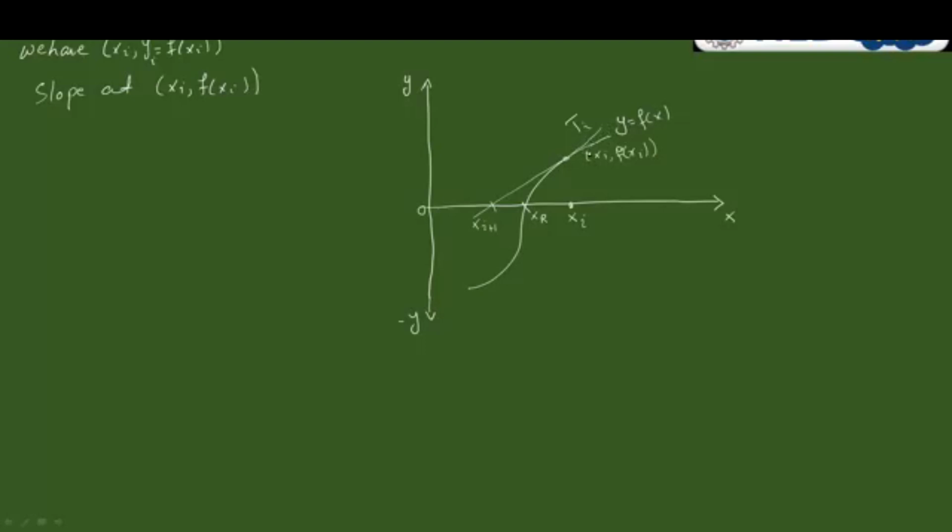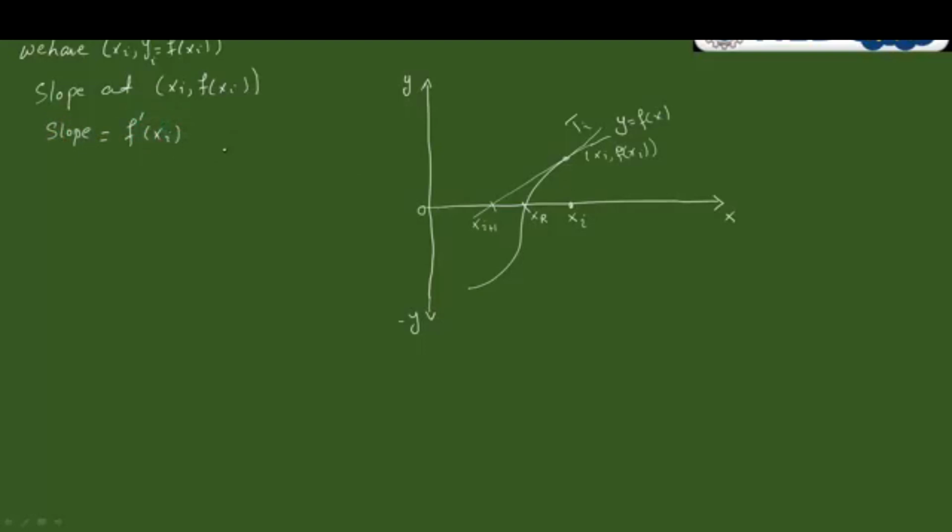At this point the slope of this function and the tangent is the same. We know it from basic calculus, so we can find f dash at the point xi. So the slope is basically equal to f dash at xi.